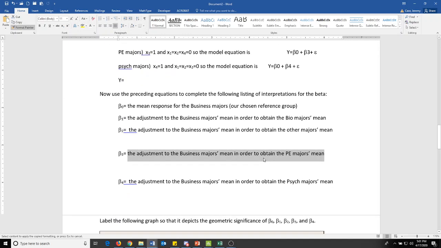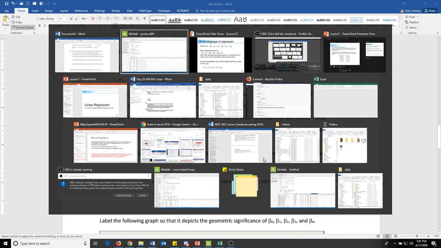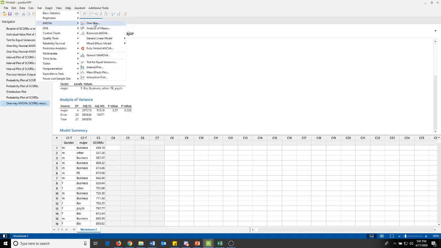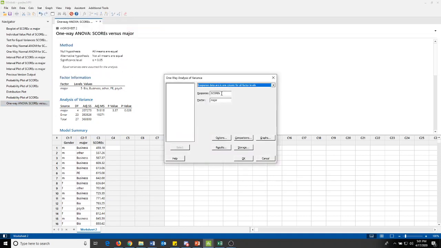Okay, so let's go ahead and do it the old way on Minitab. I've got gender, majors, and scores. In the old way, I would go to Stat, to Analysis of Variance, One-Way Analysis of Majors. I would have the scores as my response, and the factor would be my major.